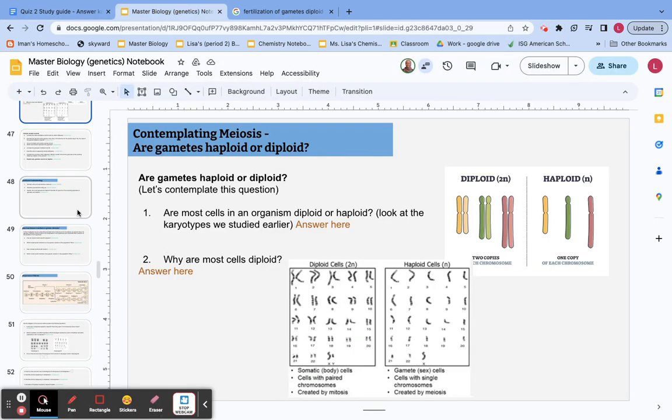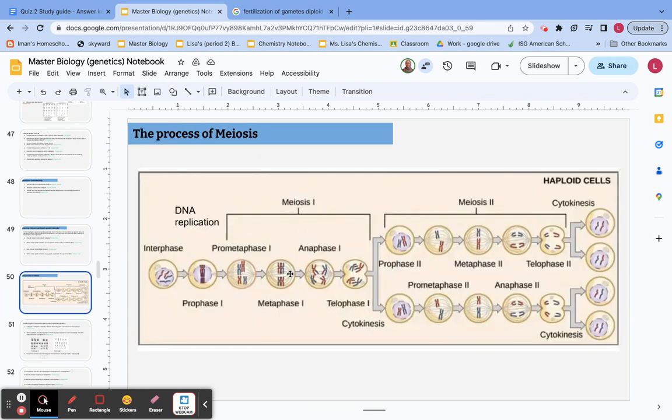Okay, so if we go to our diagram of meiosis, we have meiosis 1 and we have meiosis 2. In one of these, our goal is to separate homologous chromosomes. And in one of these, our goal is to separate sister chromatids. So go ahead, look at the model, and try to decide, in meiosis 1, are we splitting homologous chromosomes or are we splitting sister chromatids?